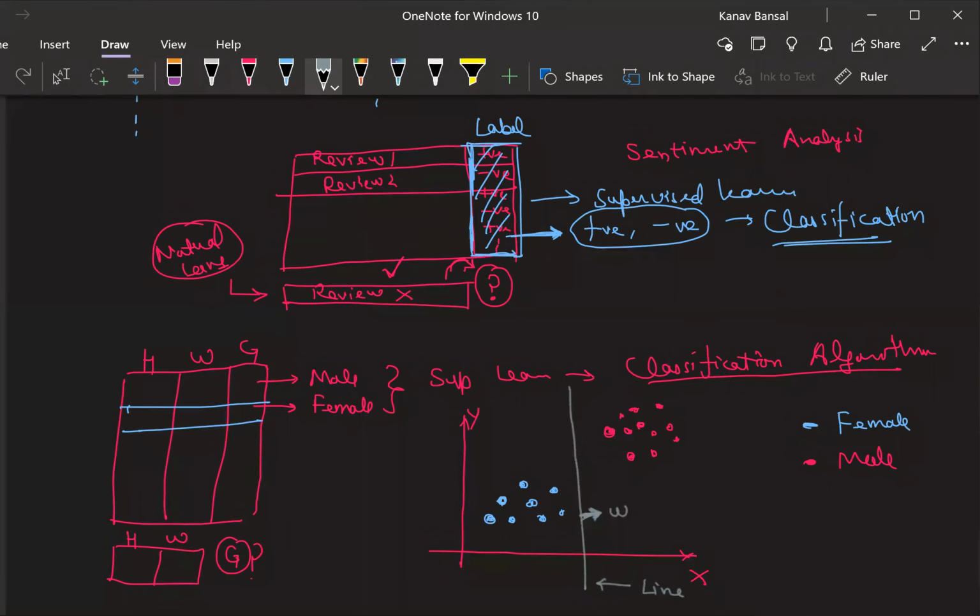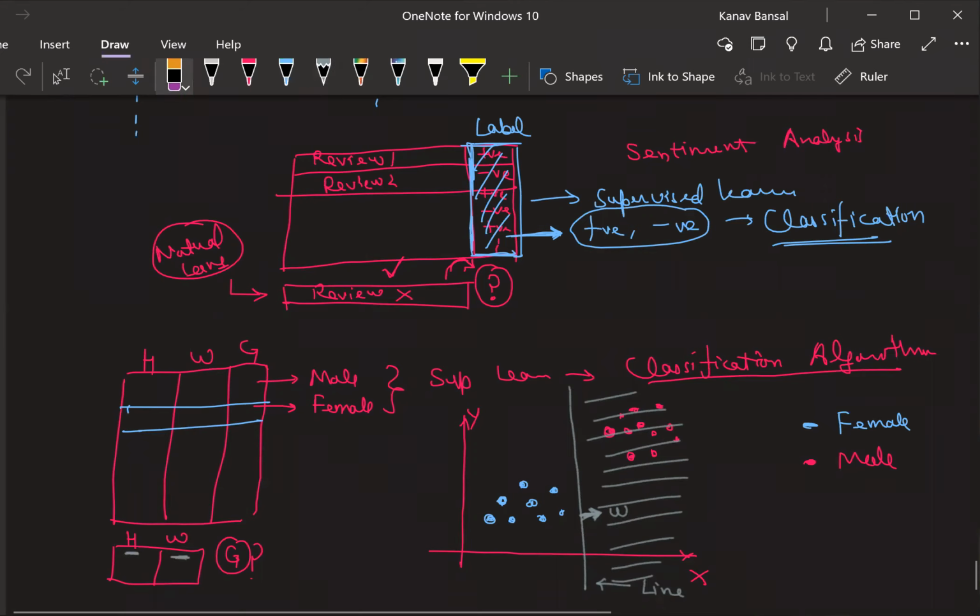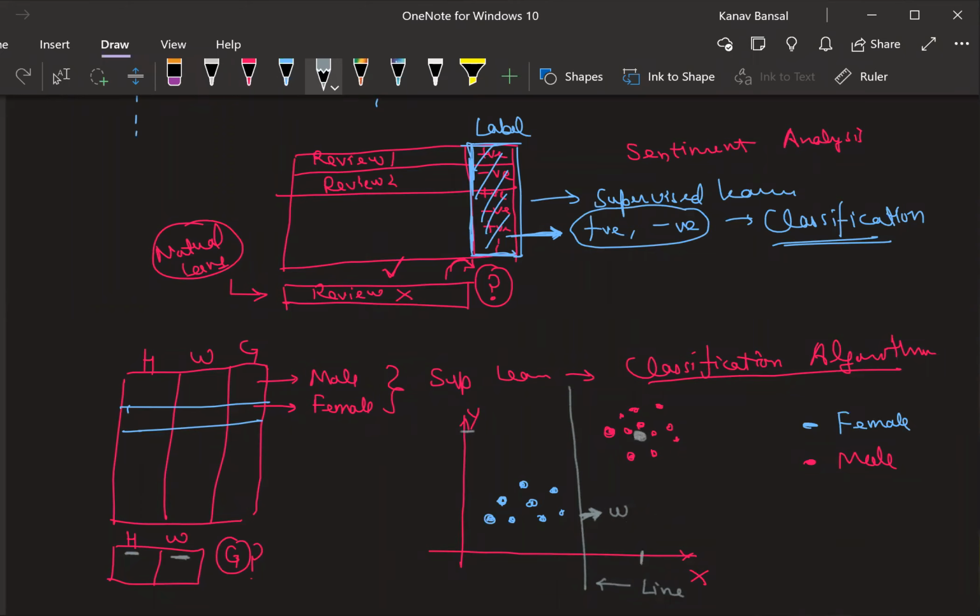Now, do you see that whatever data point is there on the front side of the plane, if somebody gives me some data point value H and W in future, and I try to plot that H and W on this graph, height is here, W maybe let's say it is here, it is going to be considered as a male, because this line knows that everything that comes in front of me in the future should be a male.